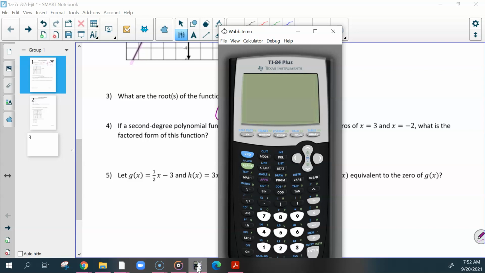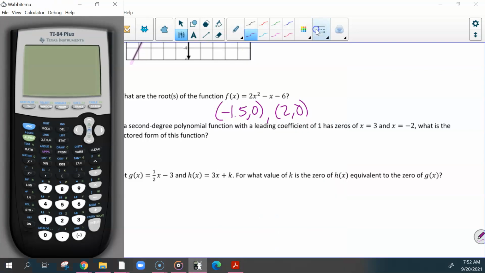Really quickly, if you wanted to see that on your calculator, if you go into y equals, put in that equation, 2x squared, just use this button for your x, the square button, minus x minus 6, and you hit graph.